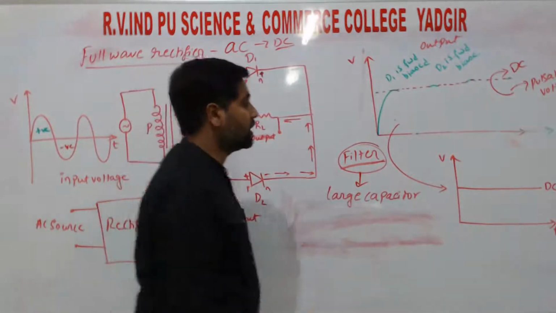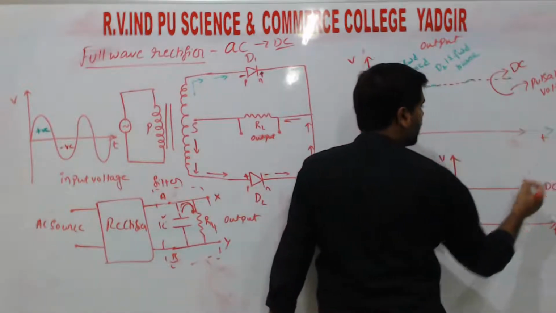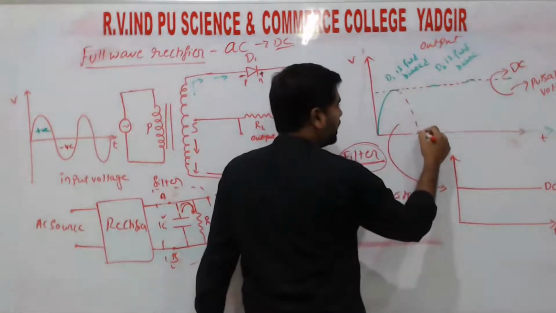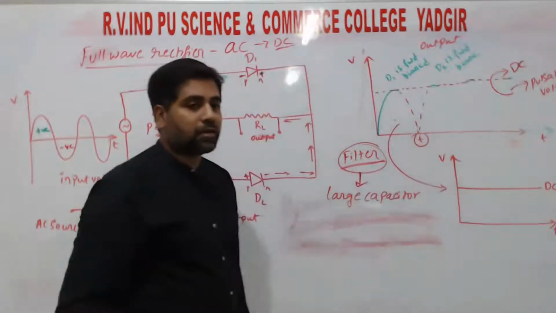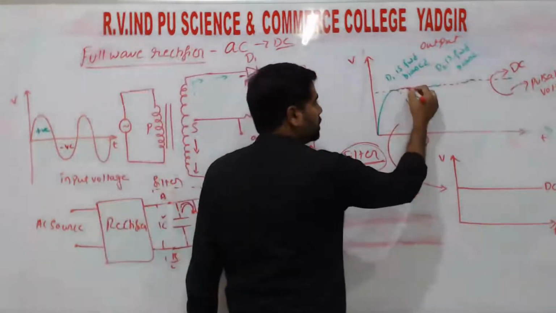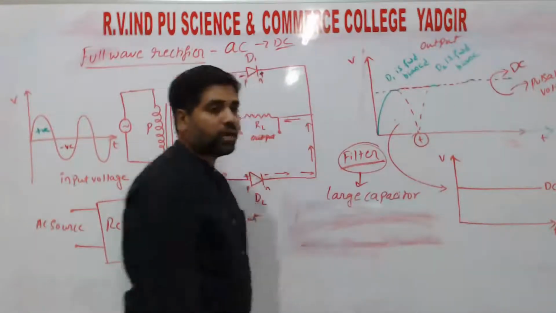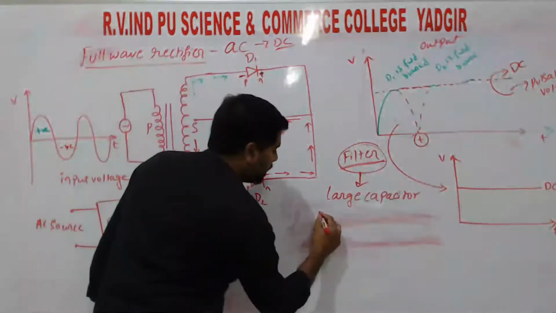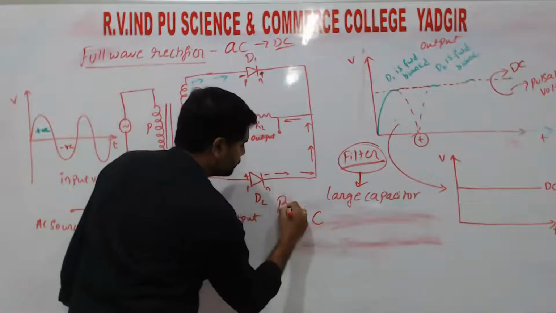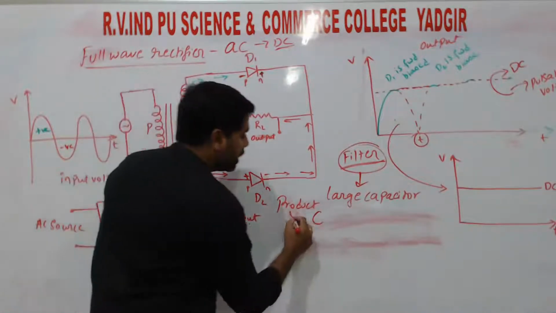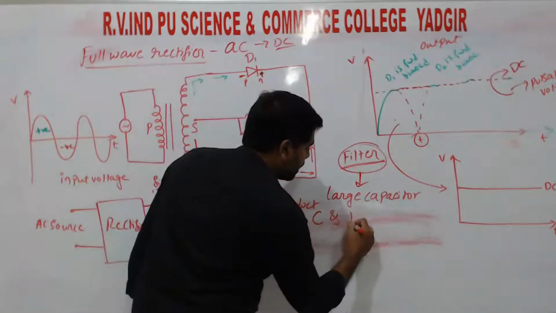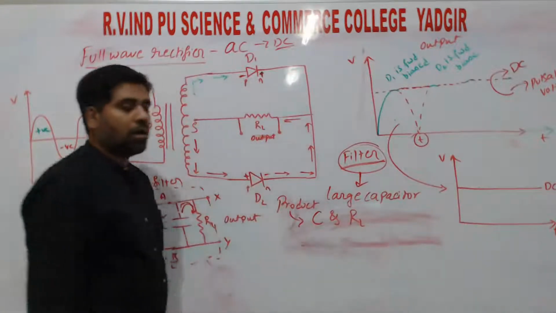and the time constant. Here along the x-axis we have time, right? There is a time to decrease and there is a time to increase. We need to maintain that time to get the constant voltage, right? This is the product of the capacitance and the load resistance RL.